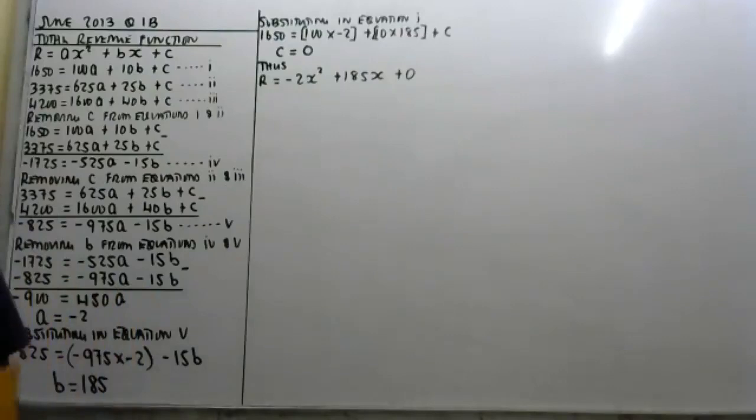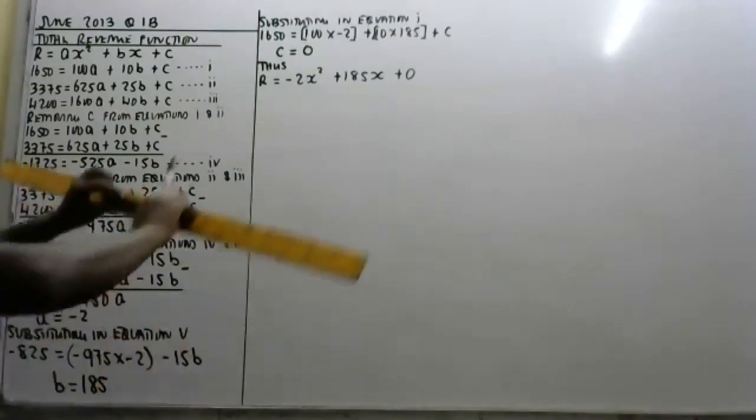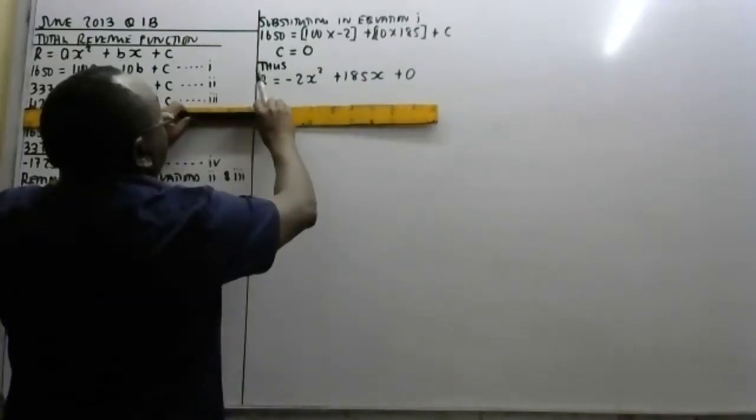Or you can ignore that 0. So we have gotten the total revenue function by deriving. We now need to go look for the total cost function.